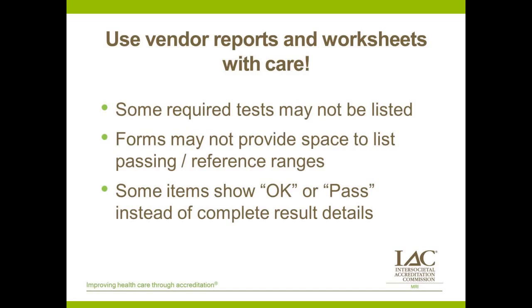So you may look through a preventative maintenance report from a field service engineer, and it may only list something like a third of the items that are listed on the IAC's preventative maintenance list. Now, why does that happen? Well, one possibility is the manufacturer may say, well, over the course of a year, we are going to assess these 12 different parameters, but we service the scanner quarterly.